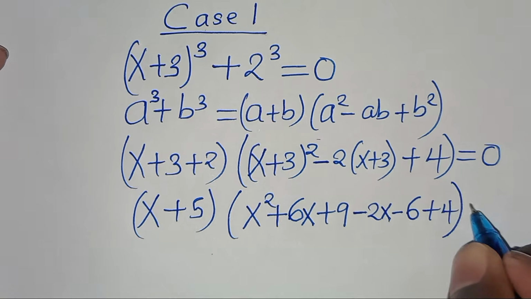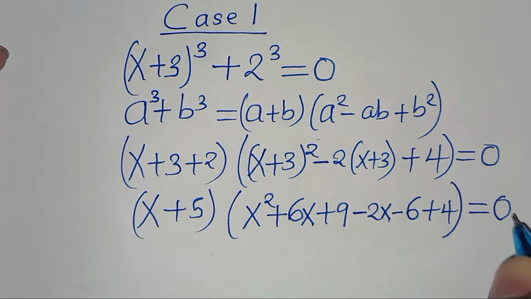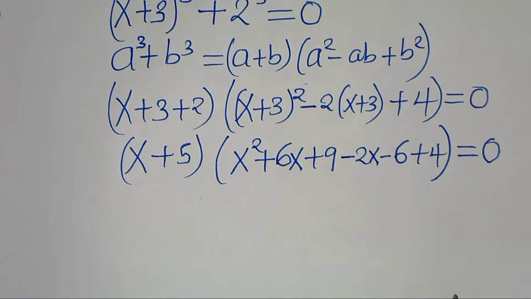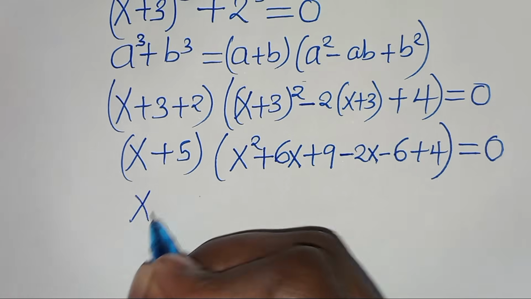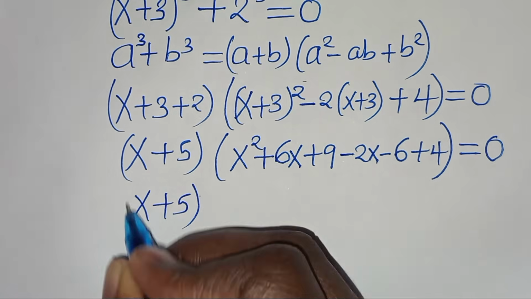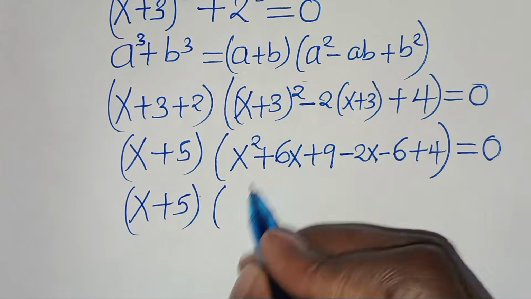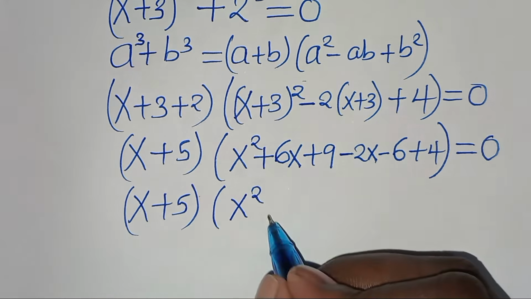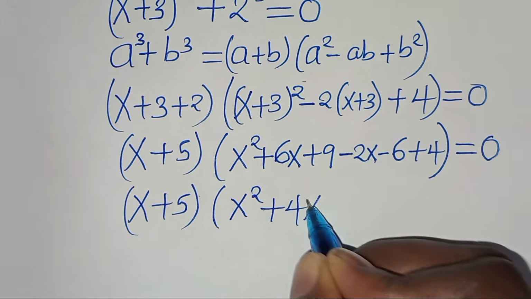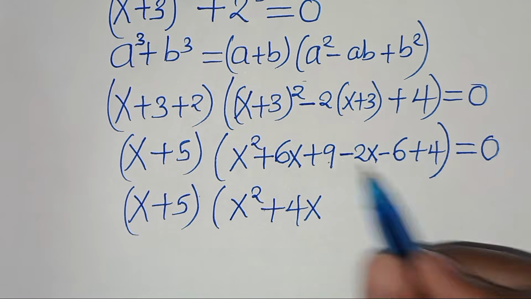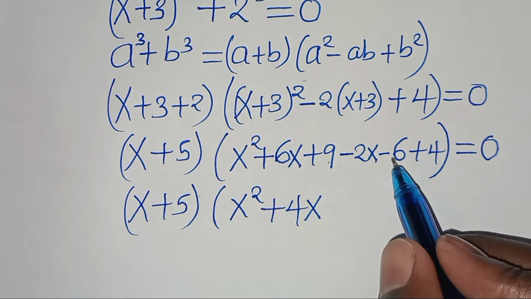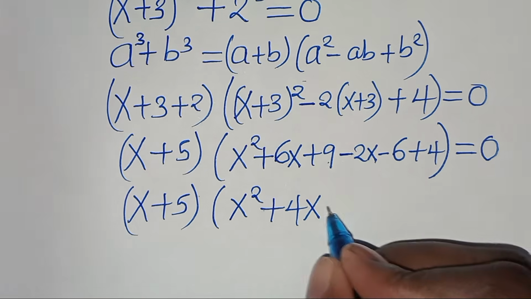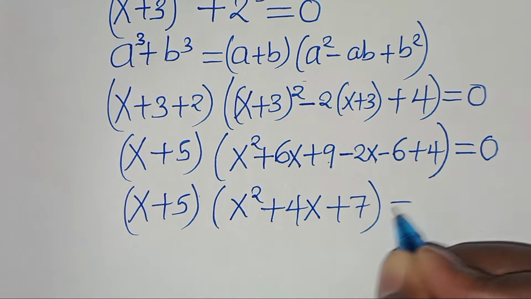So we have (x+5) times (x squared, 6x minus 2x which is plus 4x, then 9 minus 6 is 3, 3 plus 4 is plus 7), equal to 0.